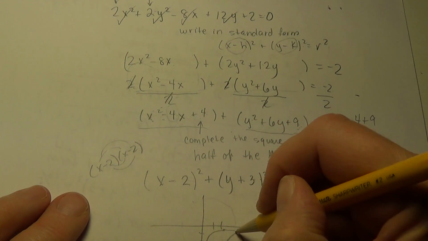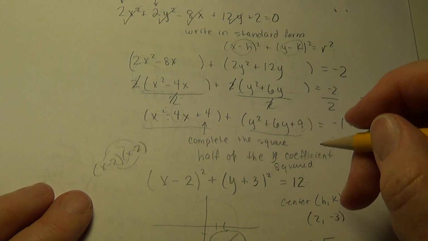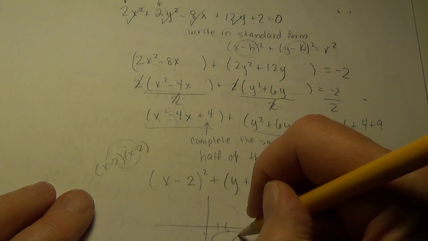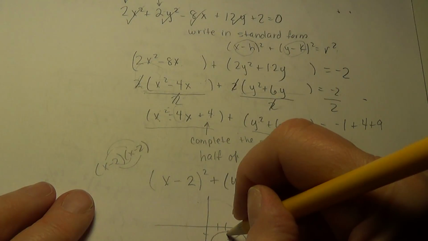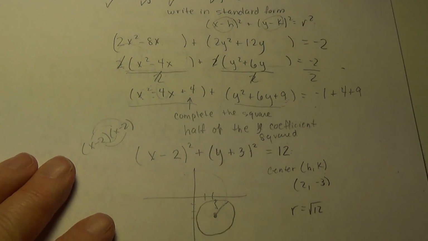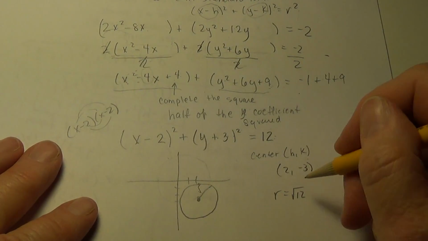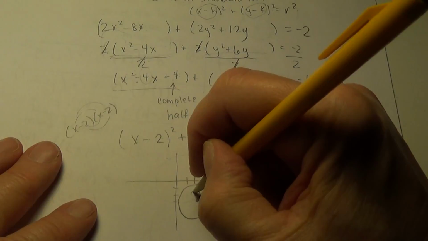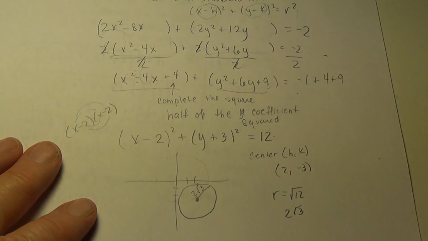So I'll make one of my radii and one of my radii, and call it square root of 12, which can be reduced. Square root of 12 is 2 square roots of 3. So always reduce when you can.